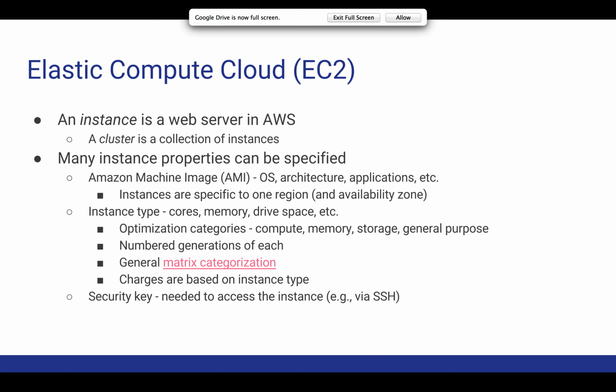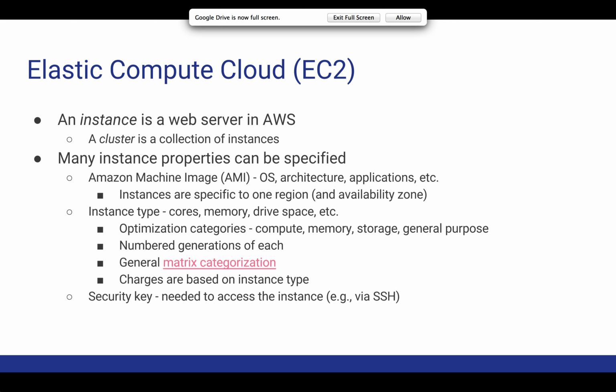Some terminology here: EC2 is involved with instances. An instance is a web server in AWS. It's the cloud version of a web server. A cluster, on the other hand, is a collection of instances.